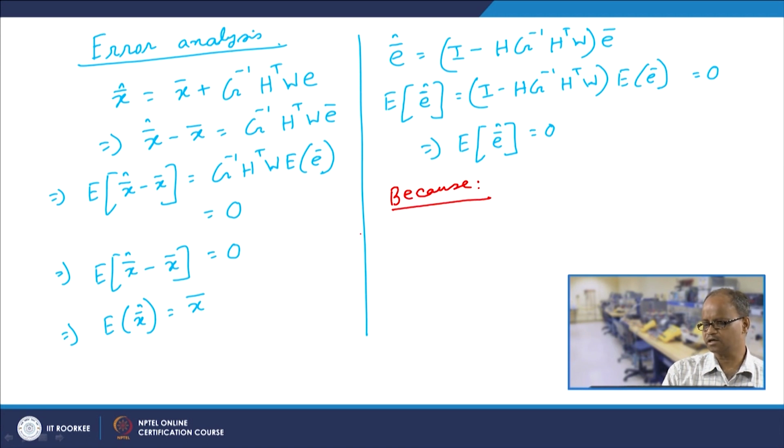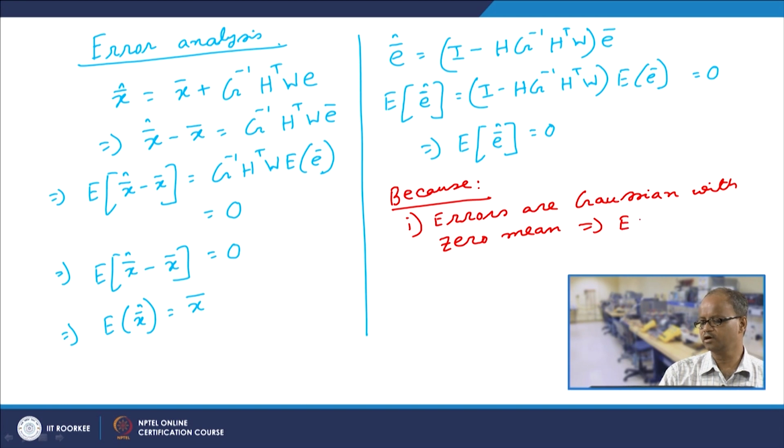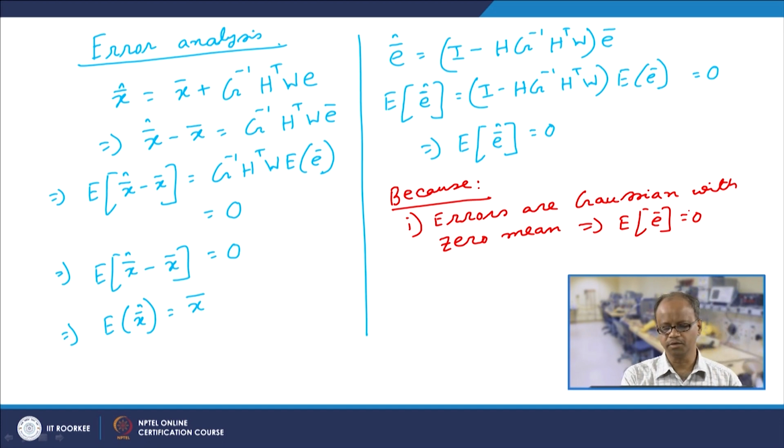This is due to the fact that errors are Gaussian with 0 mean. 0 mean means that the expected value of errors would be equal to 0, and we have already explained why this particular 0 mean is assumed, in some earlier class.